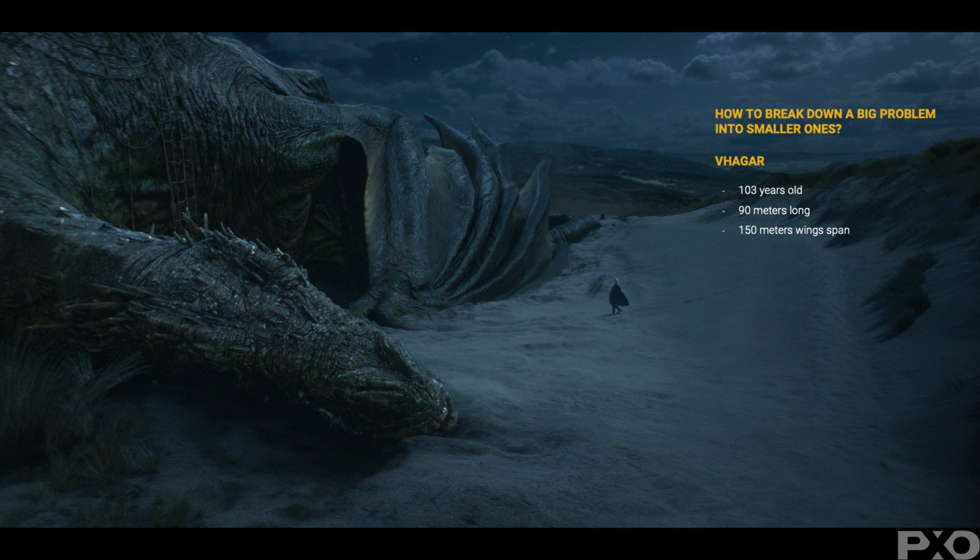Well, this dragon is 90 meters long with a 150 meters wingspan, and having such a huge dragon, it means that we really need to plan carefully and organize carefully before this beast can enter Mari. Because it's true, Mari can handle a lot of polygons, huge models, no problem about it. But can the artist handle that?